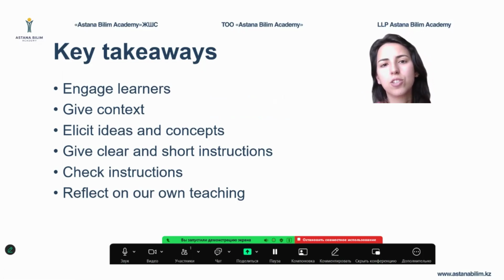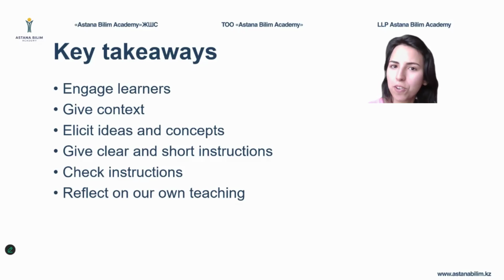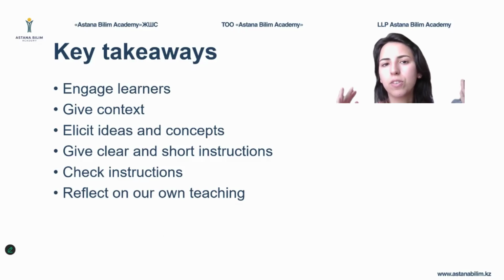How did this teacher do it? With pictures and with a story about a girlfriend and boyfriend. You should give the context. Again, pictures, stories. You can elicit ideas and concepts, like she was eliciting grammar, "I would buy." It was eliciting. Also, please give short and clear instructions.